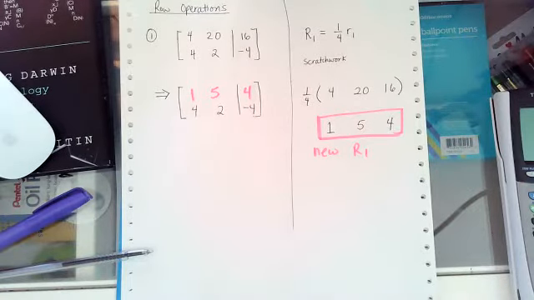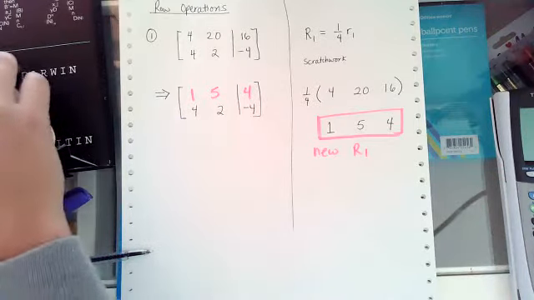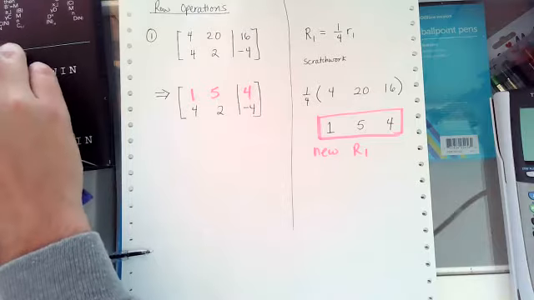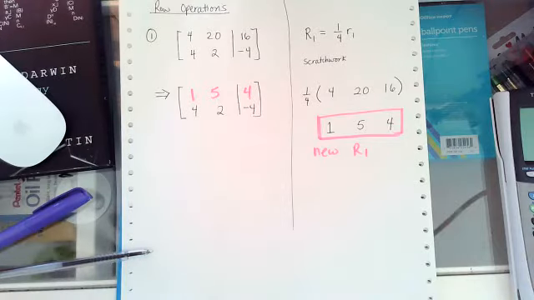Does anybody have any questions about that? Or is anybody stuck, just absolutely floored or confused? Okay. Well, multiplying a row by a number is not the only kind of operation we could do.